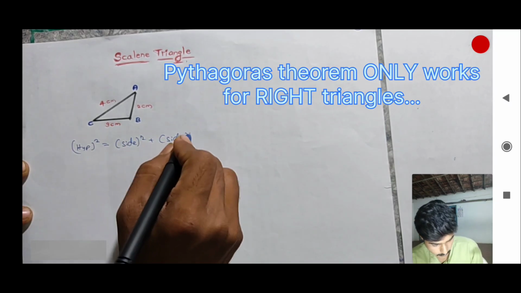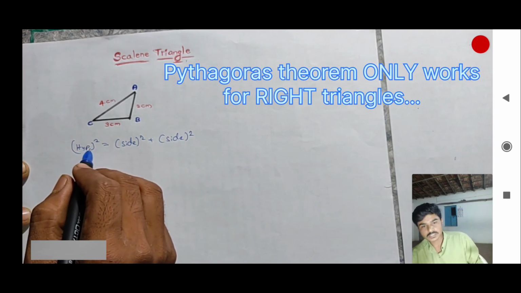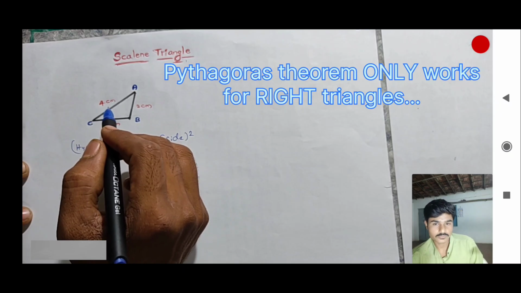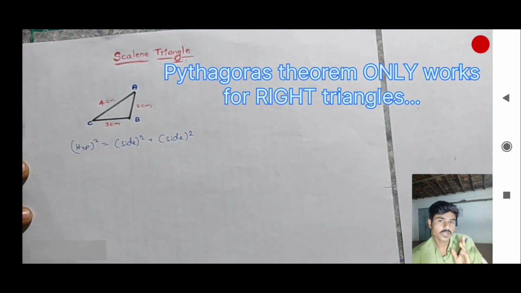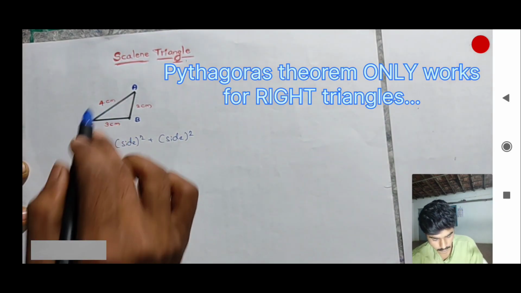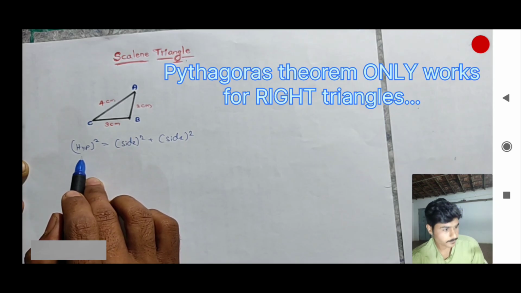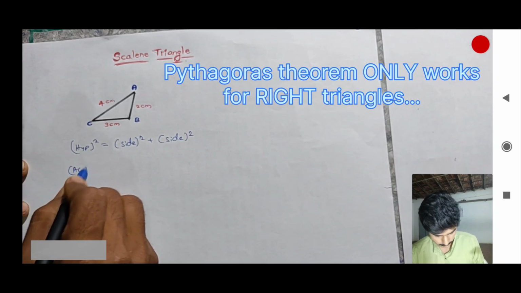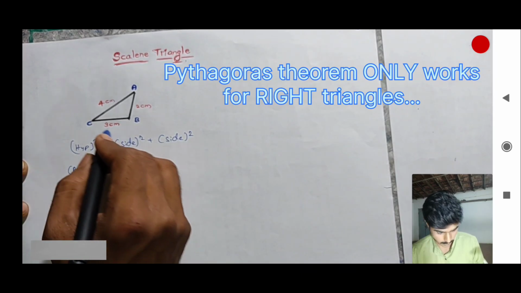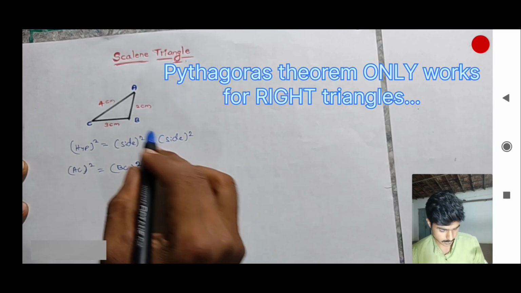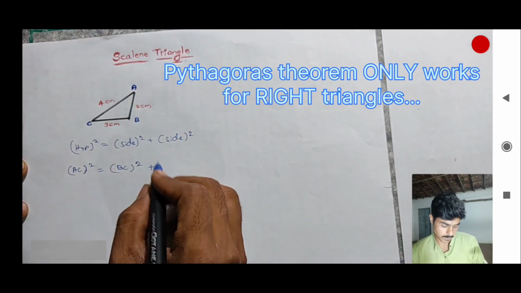Let us take AC as hypotenuse, because the length of hypotenuse is always greater than the other two sides, and here the greater value is 4 centimeter. So AC square equals BC square plus AB square.